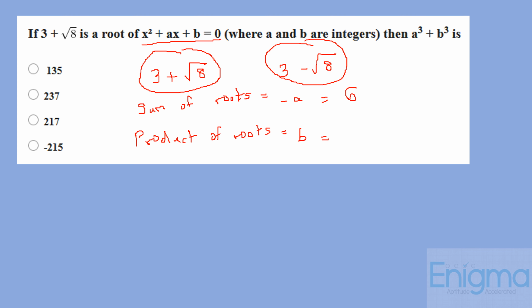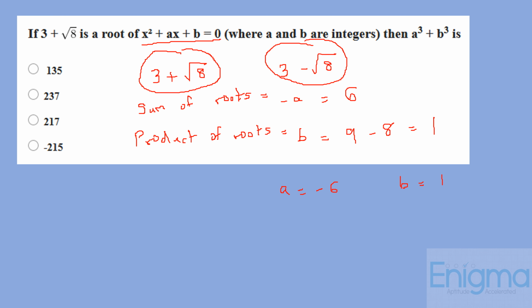Now, if we multiply the two roots, as they are in the form a plus b into a minus b, the expansion is a square minus b square. So 3 square, that is 9, minus root 8 square, which is 8. Hence, we can say that a is equal to minus 6 and b is equal to 1.